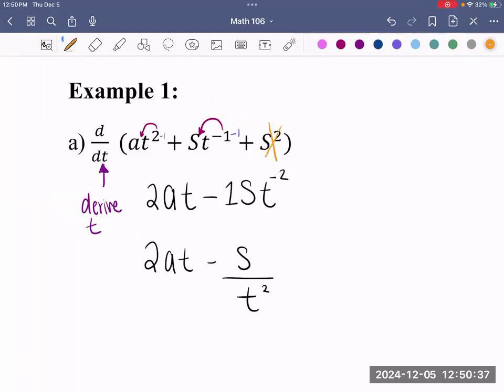We'll just remove it altogether. Very much like if we had 3x plus 4, notice that the 4 doesn't have an x value to it. So when we go to derive, it would just be 3. The 4 just disappears when you derive.